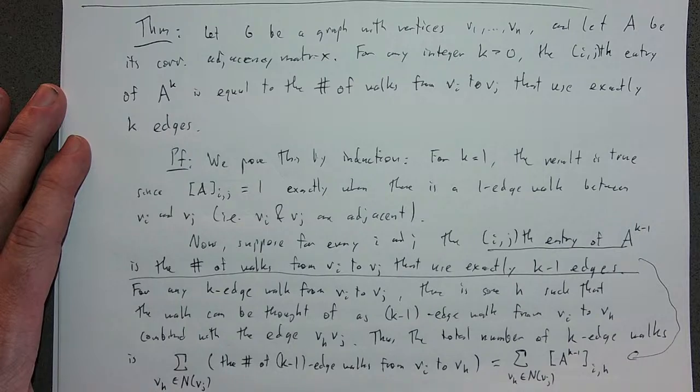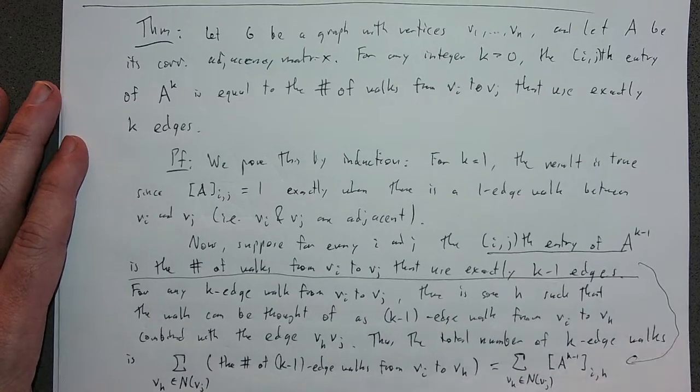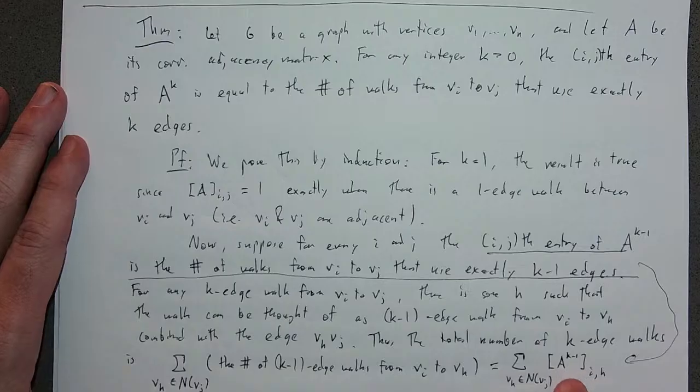Well, if we are doing this sum over all possible choices of the vertices v sub h here, right, then how can I write this in a way that is going to produce what I want?